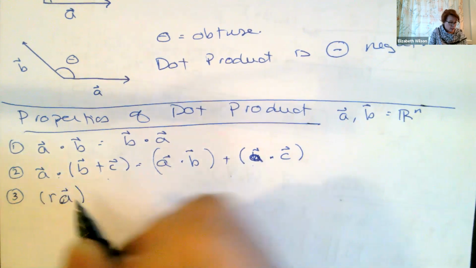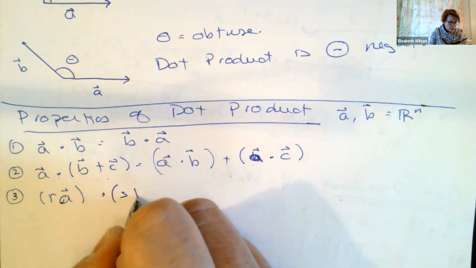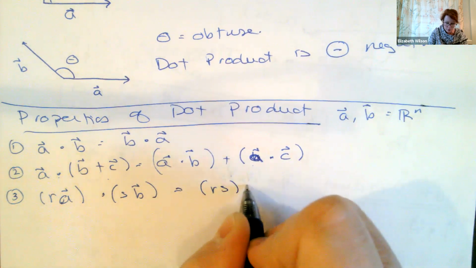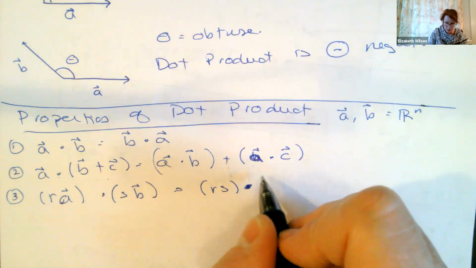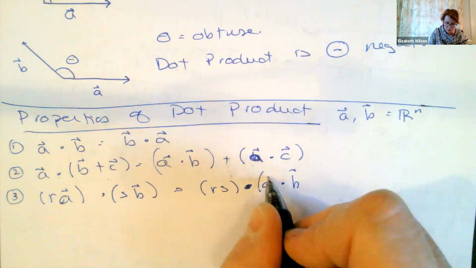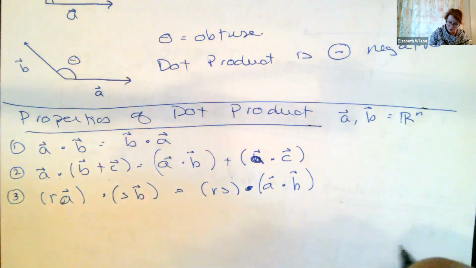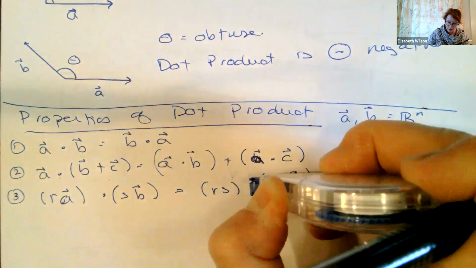All right, so where r is a scalar, s, let me write this all out: rs times a dot b. And this is really just, let me get rid of that dot. That looks like it's a dot product, but it's really just a scalar multiplication.